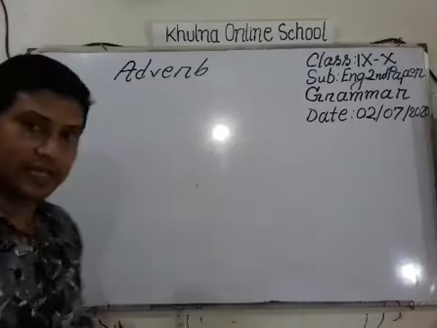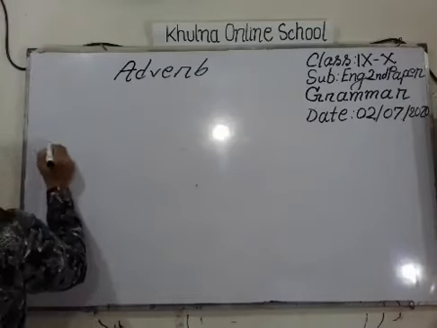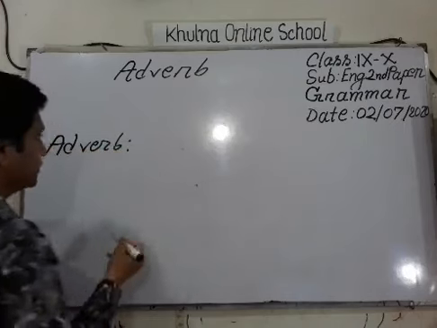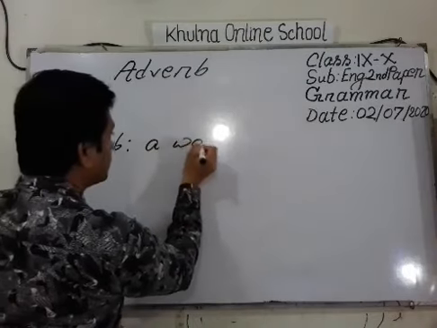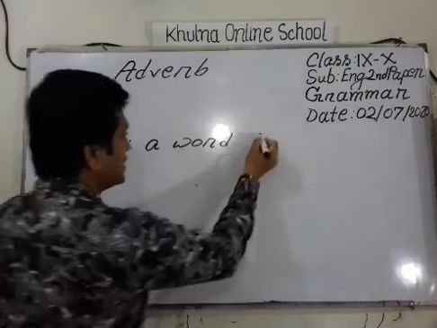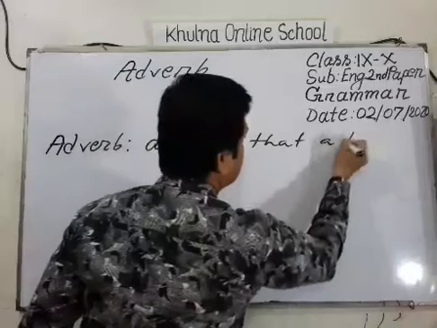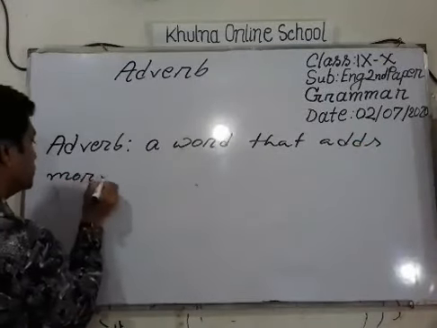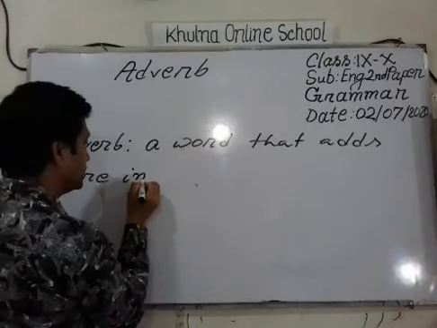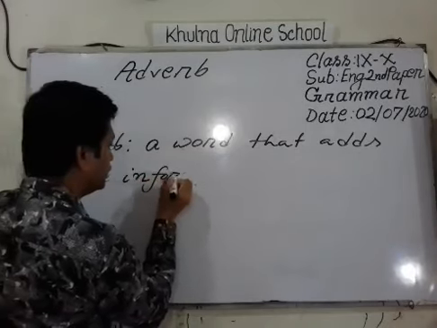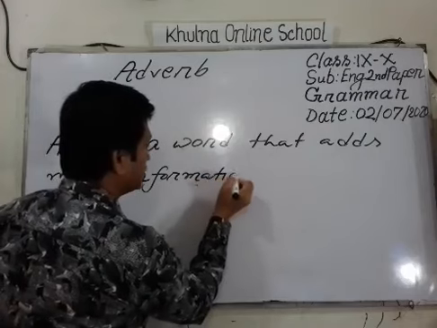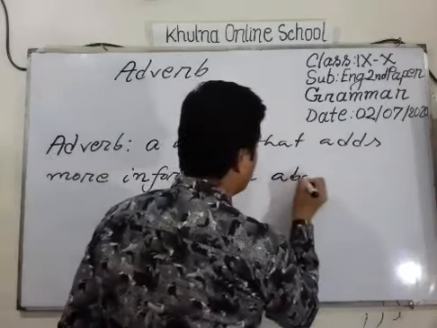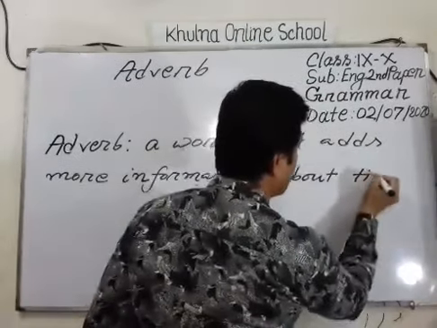Adverb, I can write here. An adverb is a word that adds more information about time, place, manner, cause, or degree to a verb, an adjective, a phrase, or another adverb.